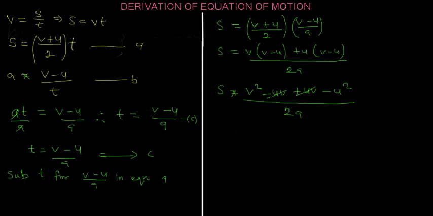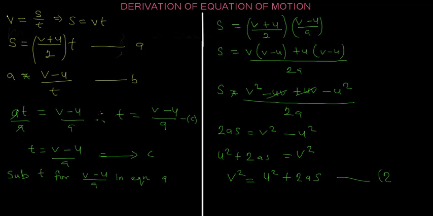If you cross multiply, you have 2a times s, which is 2as, is equal to v squared minus u squared. When the u squared goes to the other side, we have u squared plus 2as is equal to v squared. So v squared is equal to u squared plus 2as, and that is our second equation of motion.